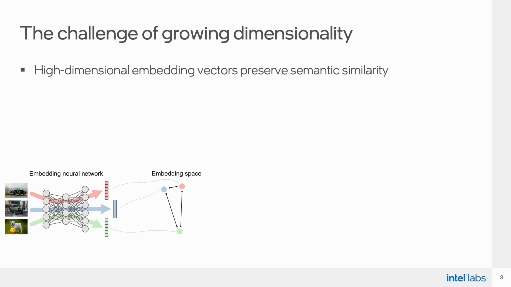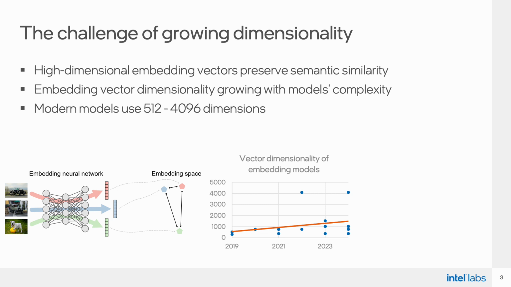The overwhelming majority of unstructured data is encoded using embedding models because they have outstanding capabilities to preserve the semantic similarities between their inputs. These models produce high-dimensional vectors, and the dimensionality of these vectors is growing with the increasing complexity of these models.